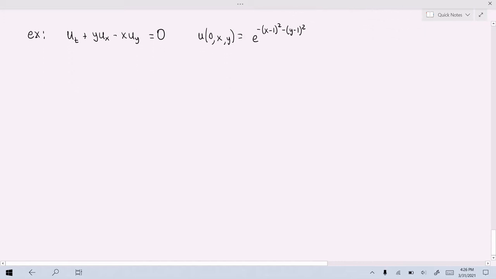So this is something new because we've added an extra variable, y, to the problem. I'll work through some of the details of this example and talk about the characteristics, but this is just to show you that the method of characteristics extends to more situations aside from the ones that we've seen up until this point.